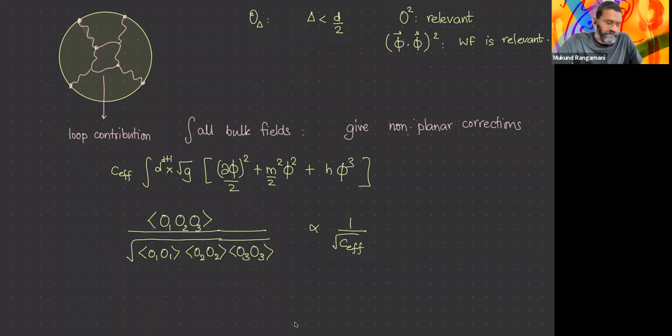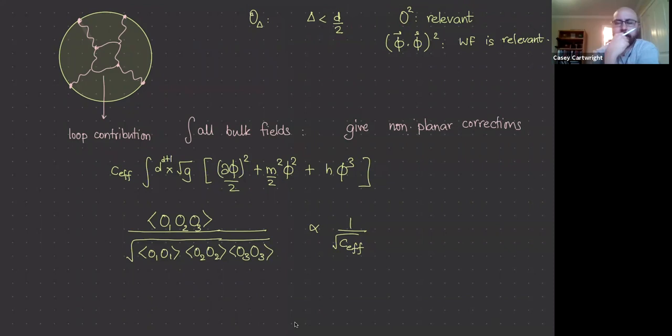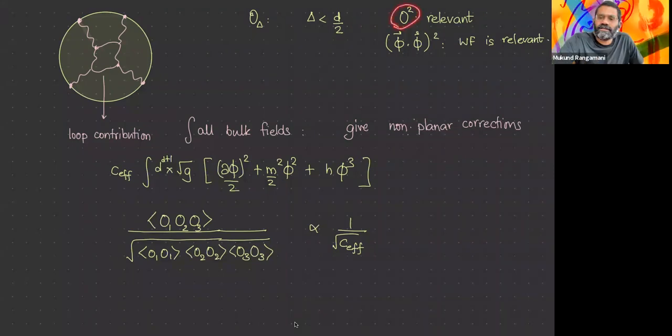Now, in this window where you're allowed to use the Neumann boundary condition, you're also allowed to use mixed boundary conditions. If you want to turn on O squared, you want to correlate the source, the A and the B in my notation. Both are normalizable.